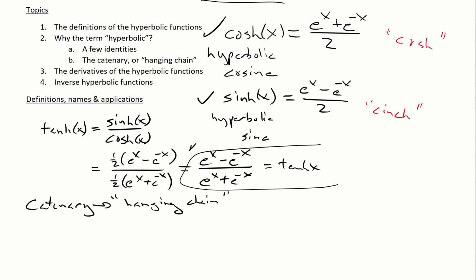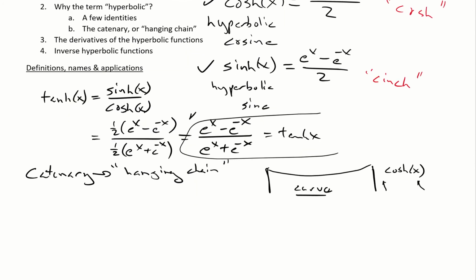In other words, if you have a post and another post and you hang wire or chain or heavy rope, it forms a curve. And that curve is not a parabola. That curve is based upon, believe it or not, the hyperbolic cosine of x curve. You just mess with the coefficients outside and inside, and you get whatever hanging curve you want.